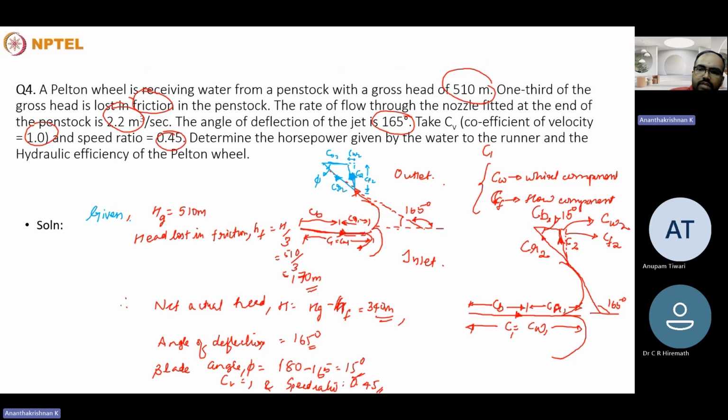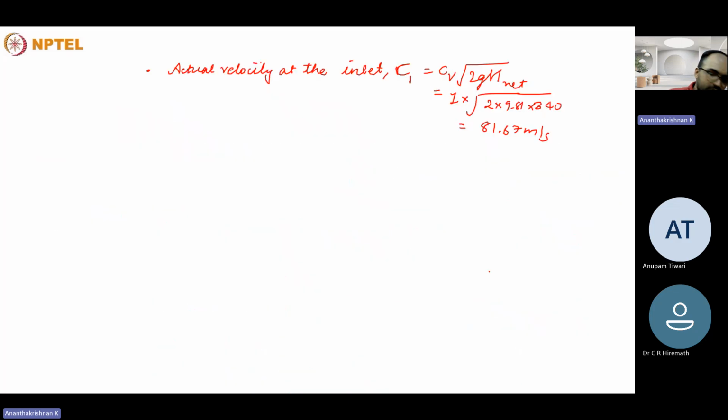At the inlet, it's straightforward. The whirl component will be the same as the inlet actual velocity. So C1 will be the same as CW1, the whirl component. And we calculate the blade velocity or the velocity of the wheel.